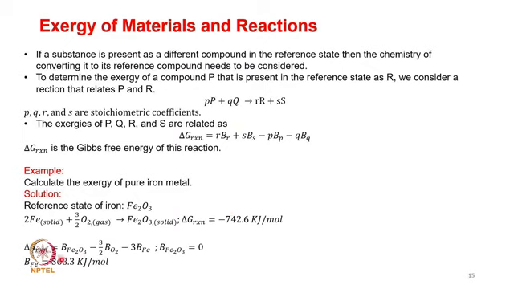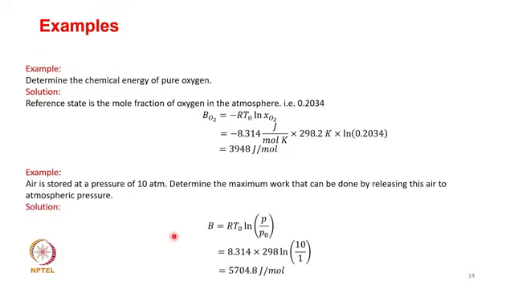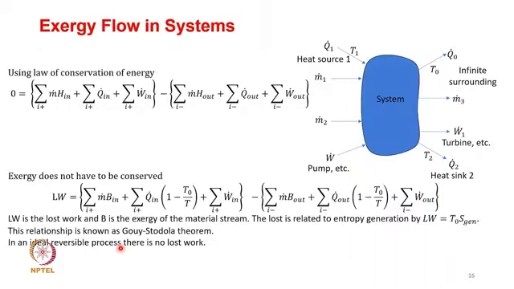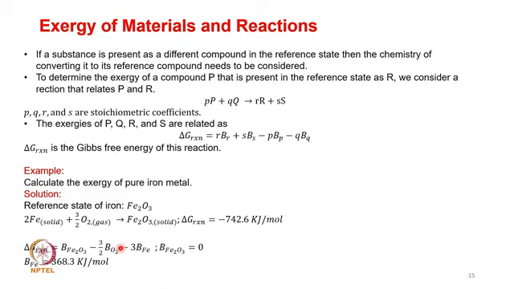So, G_rxn is equal to b_Fe2O3 minus 3/2 b_O2 minus 2 b_Fe, and b_Fe2O3 is equal to 0, which essentially means that b_Fe you will be able to compute based on this particular expression. So, this is in connection with materials and reactions.